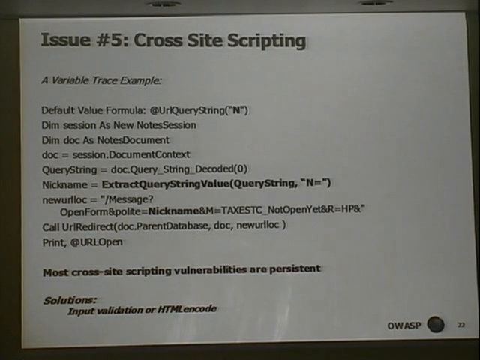Cross-site scripting. A Notes web application, just like any other application, is vulnerable to cross-site scripting, as long as you directly display the user input to the browser without any input validation and HTML encoding. Again, here's a simple example. You get the name and URL, and you directly output to the browser.